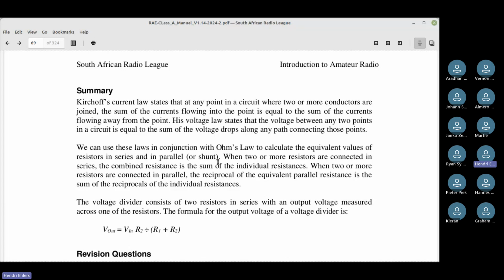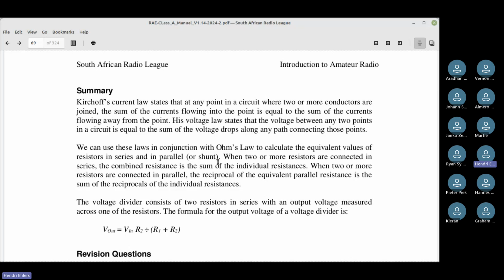So let's see here on the summary. Kirchhoff's current law states that at any point in a circuit where two or more conductors are joined, the sum of the currents flowing into the point is equal to the sum of the currents flowing away from the point. His voltage law states that the voltage between any two points in the circuit is equal to the sum of the voltage drops along any path connecting those points.